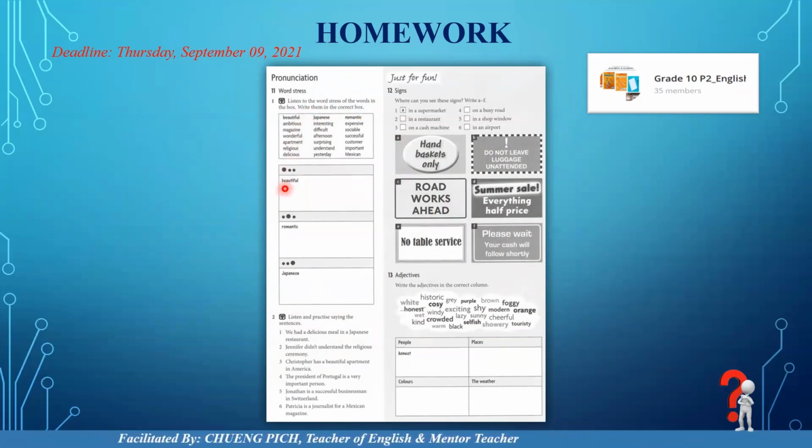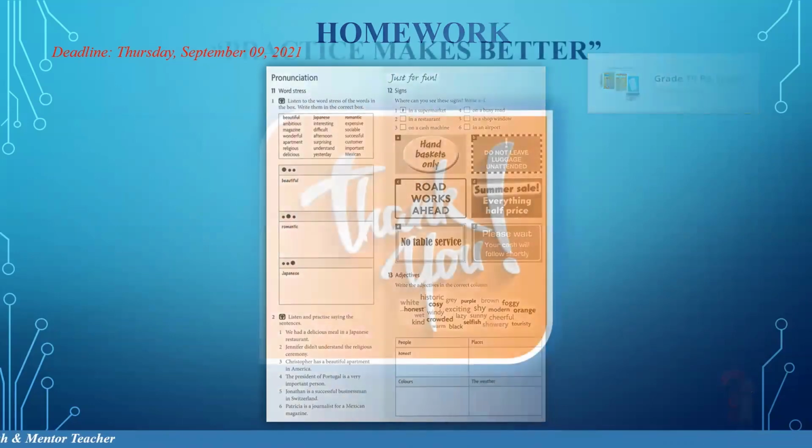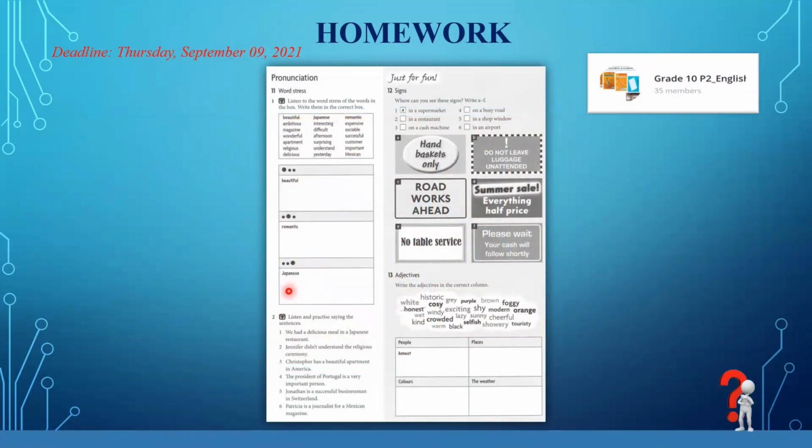For example, the first word, beautiful. The stress is on the first syllable, beau. And romantic, the stress is on the middle one, man. And the last one, Japanese, is stressed on the last syllable.